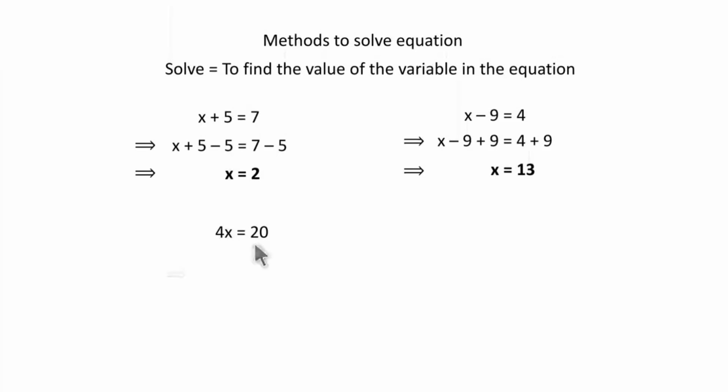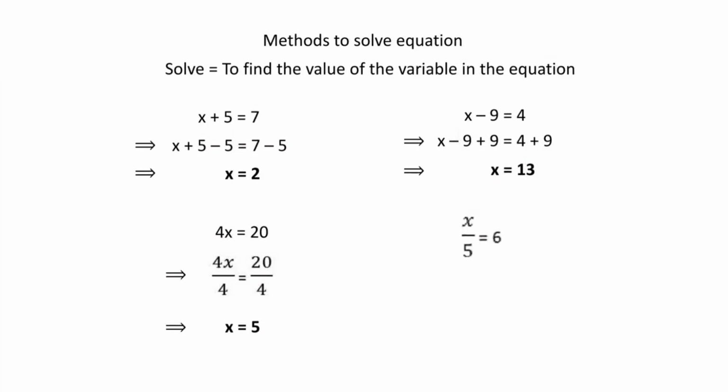In such a case we will write 4x divided by 4, because in order to remove this 4 we will divide by 4, and we divide the right hand side by 4 as well. So 20 also gets divided by 4. The 4 cancels and we get x. Then 4 into 5 is 20, so 20 divided by 4 is 5. So x will be equal to 5, which is the required answer.